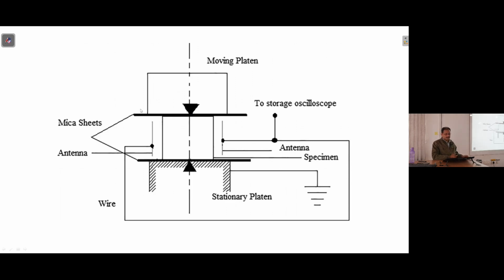Then again, these mica sheets are placed like the insulators we have been placing in the previous cases. And then this sample is placed in between, and these lines are sheets of copper again, just like the previous cases.